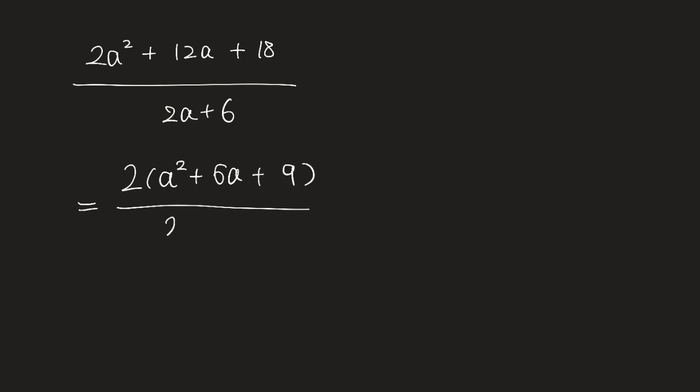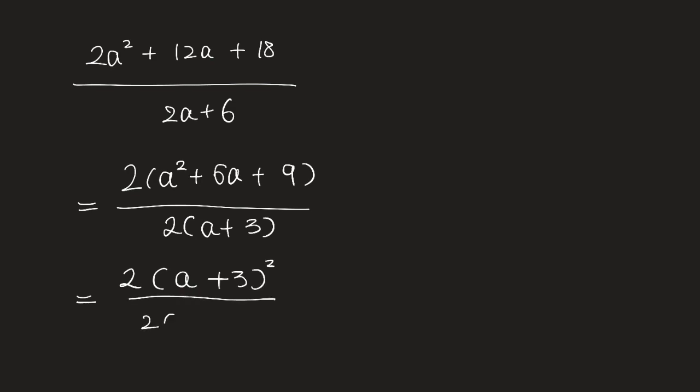Okay, and then for this one, take out the common factor 2. So this is what you have, and then you do it like this. Okay, and as you can see, they have common factor 2, so you have 1, 1 here. This one, a plus 3 squared, so at the end, the answer will be a plus 3.